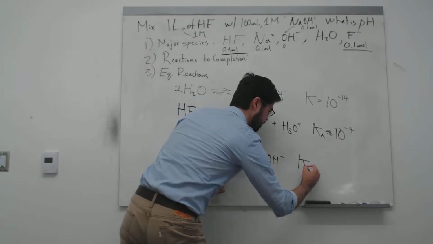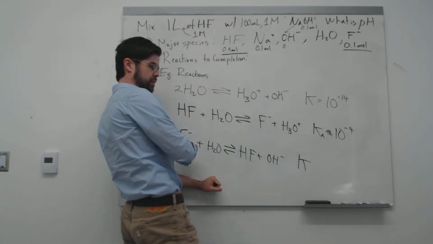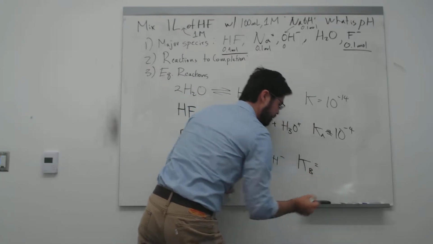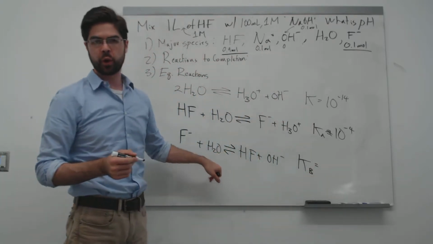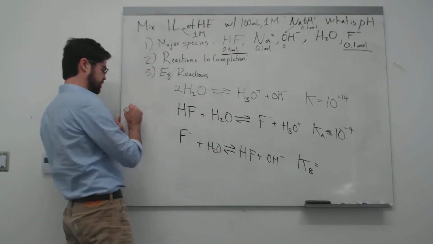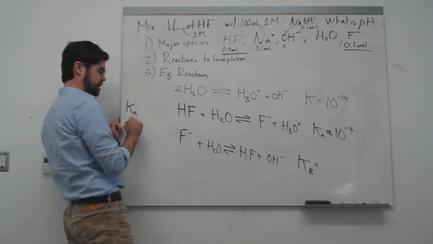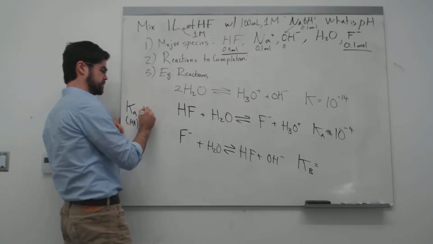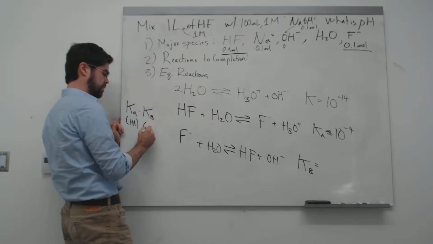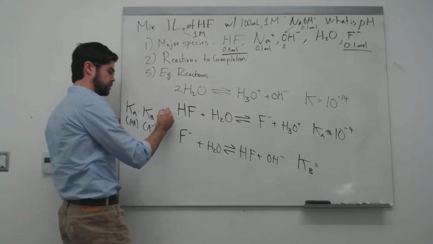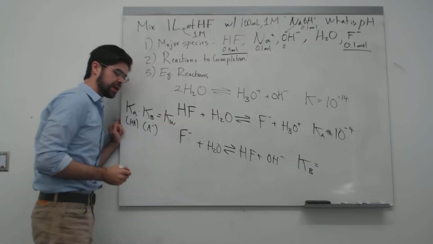The K for that reaction, the Kb of fluoride, is quite small. I'm going to give you a homework problem where you work through this derivation, but you can assert that the Ka of an acid times the Kb of its conjugate base is equal to Kw.